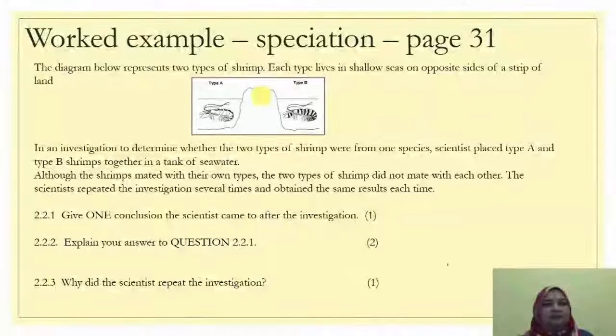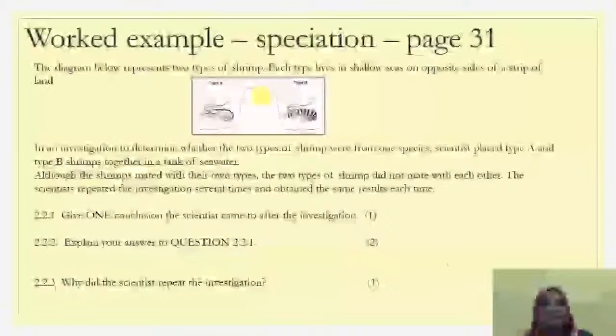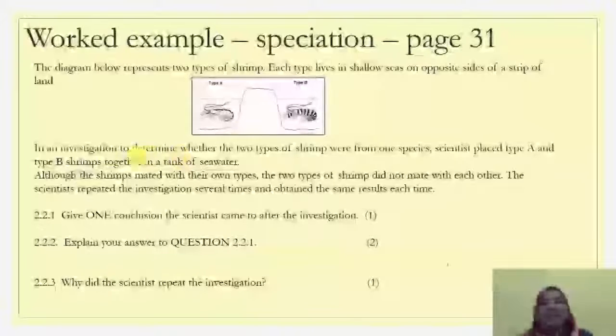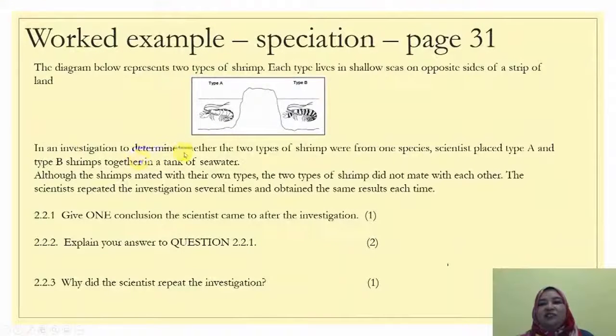A geographical barrier. In an investigation to determine whether the 2 types of shrimp were from one species, scientists placed A and B shrimps together in a tank of seawater.